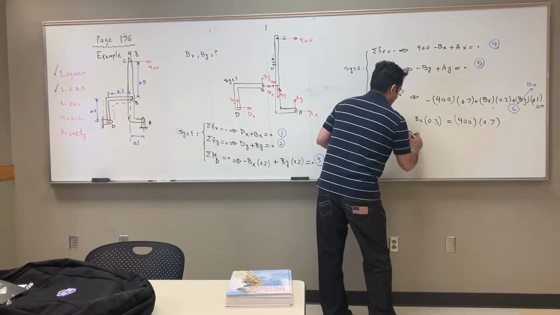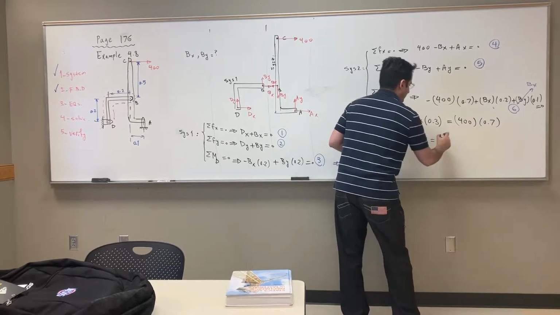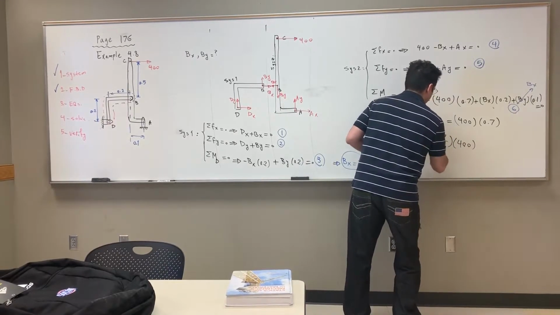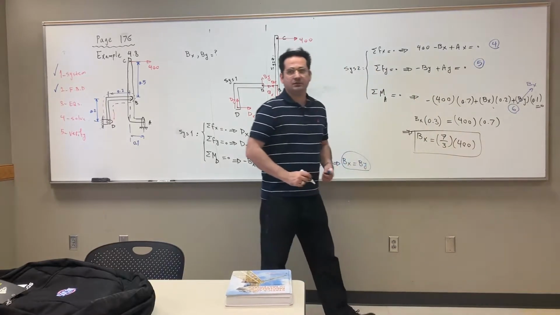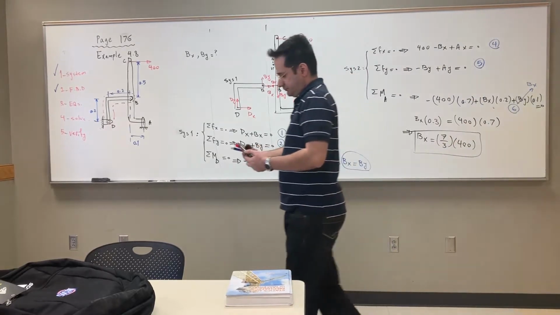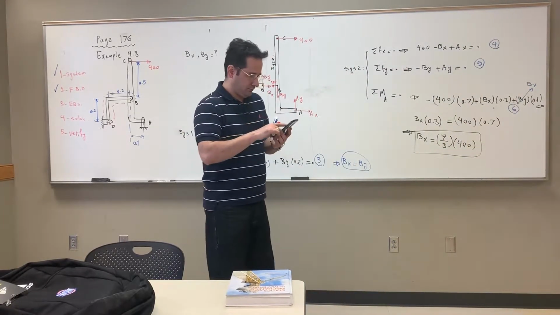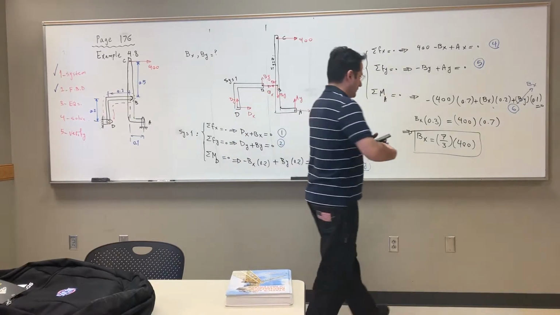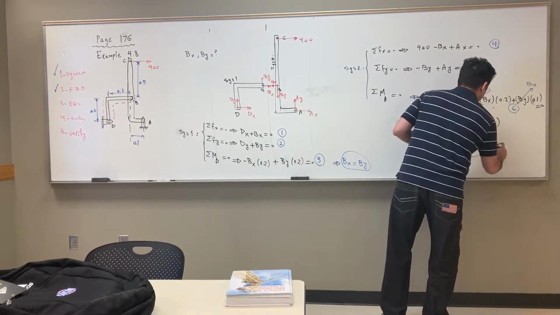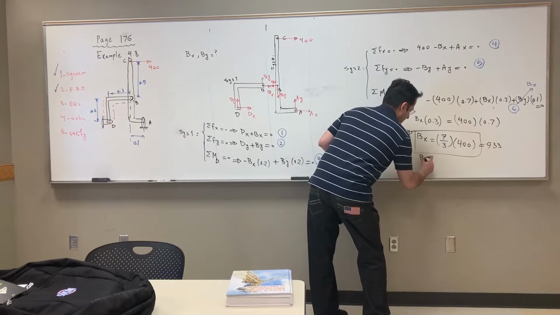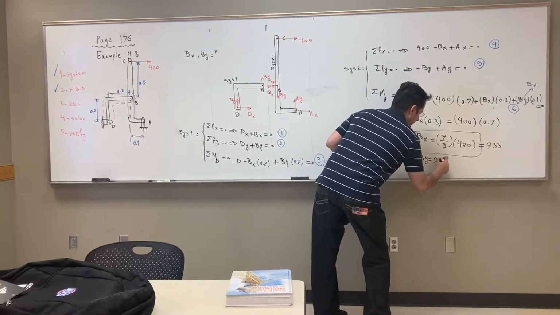Then solve this for Bx. Bx is equal to 7/3 times 400. That's it. Put it in a calculator: $933. So is By, the same thing, 933.